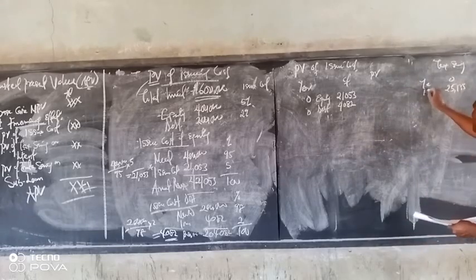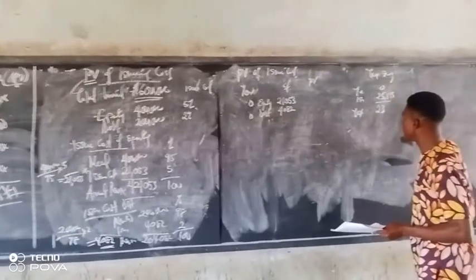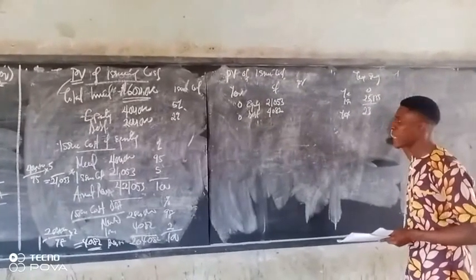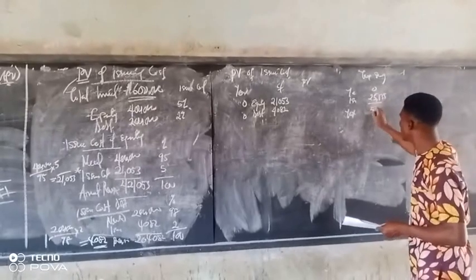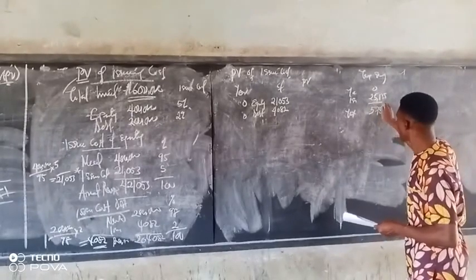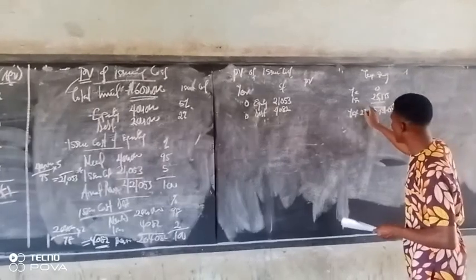This is the EU cost that occurs at year 0. What is the tax rate? 23%. Applying 23% gives 5,781.05.